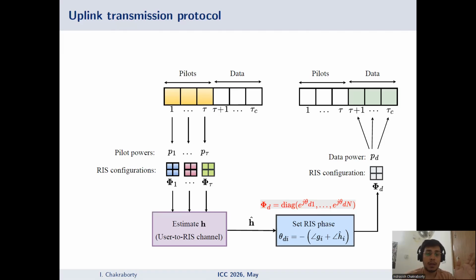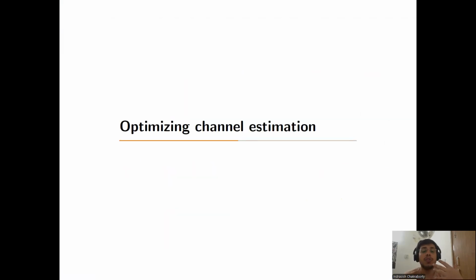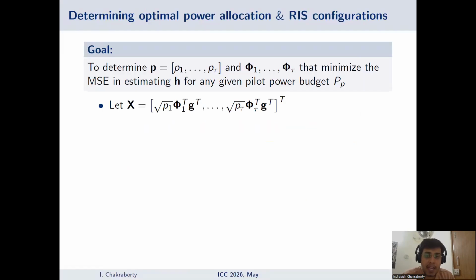Now, how do we set these pilot powers and RIS configurations during training? That's the first question we need to answer. We find them in such a way that it minimizes the mean square error in estimating the user to RIS channel for a given pilot power budget.